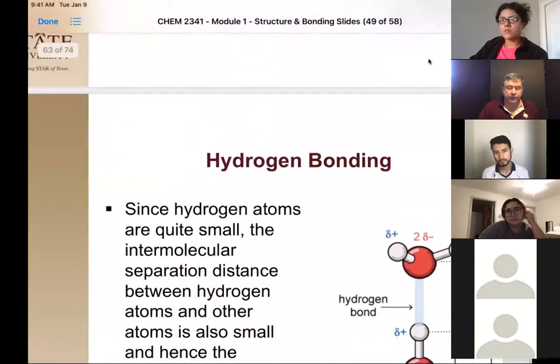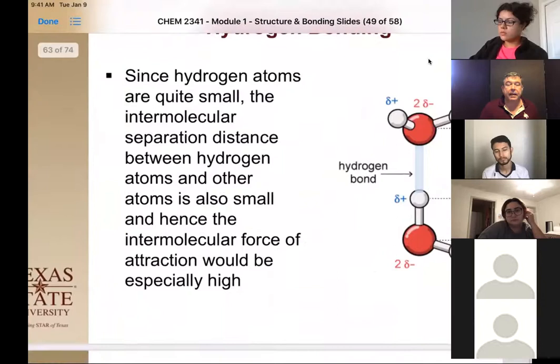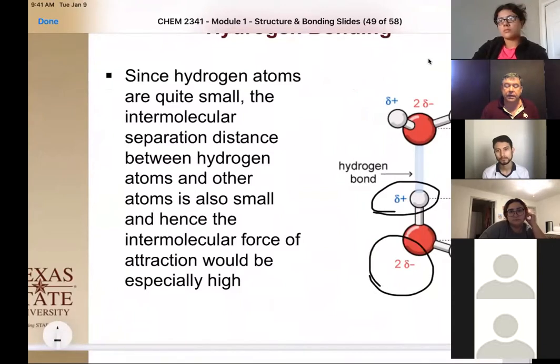Now, the next one is hydrogen bonding. And hydrogen bonding works if you have a polar bond between hydrogen and another atom, so that you have a partially positive hydrogen and a partially negative side to another atom.